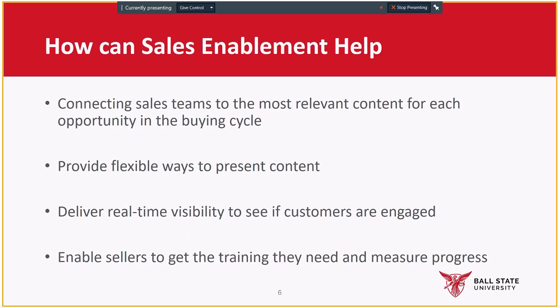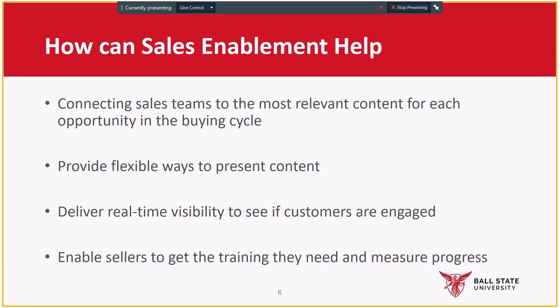So the question then becomes, how can sales enablement help? One of the things you can do is that, because there are many people involved in the customer's decision-making process, you can make sure that sales teams have the right content when they talk to the buyers. Additionally, you could be talking to a buyer who is in the early stage of the decision-making process, where they're just looking for information.